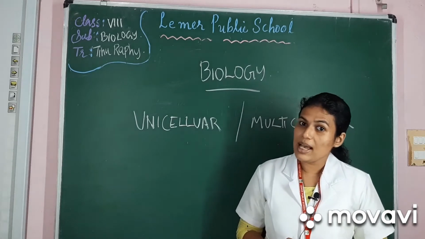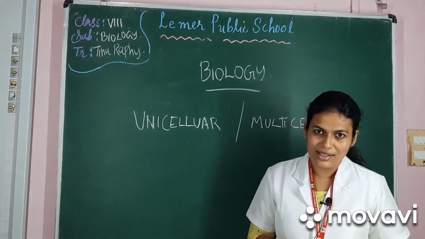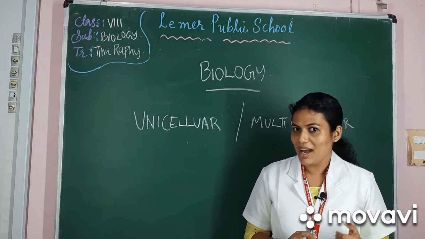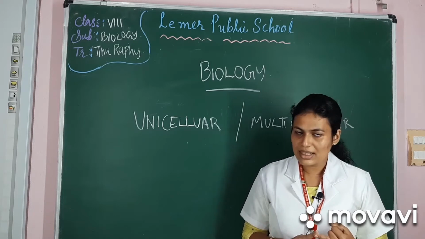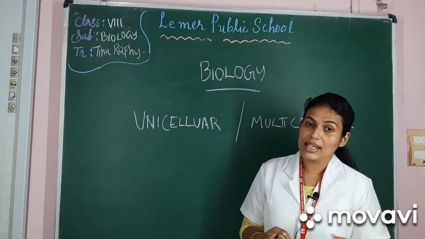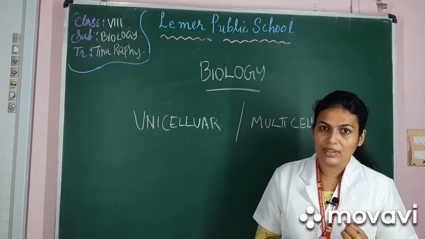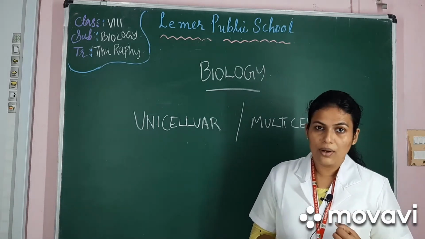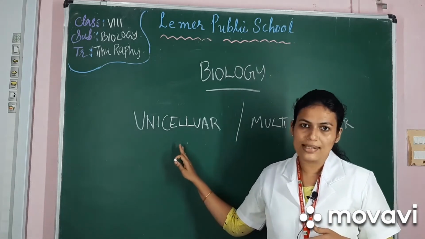Can you give me a few examples of unicellular organisms you have studied in your lower classes? Yes, amoeba, euglena, paramecium, and in the last chapter we learned about yeast, bacteria, etc. All these organisms belong to unicellular organisms.